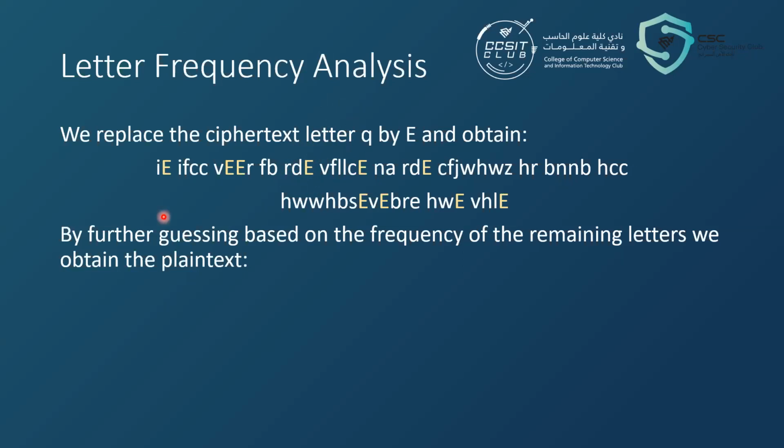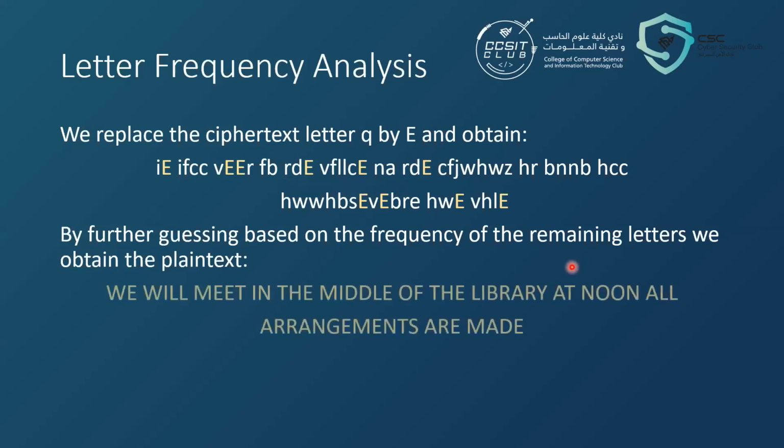Yeah, so this word is probably the, since it's something, something, and then E. It's a three-letter word, and as you can see, it occurs more than once in the text. So you could guess this is the. And then after further guessing based on the frequency of the remaining letters, you can get your original plain text back.